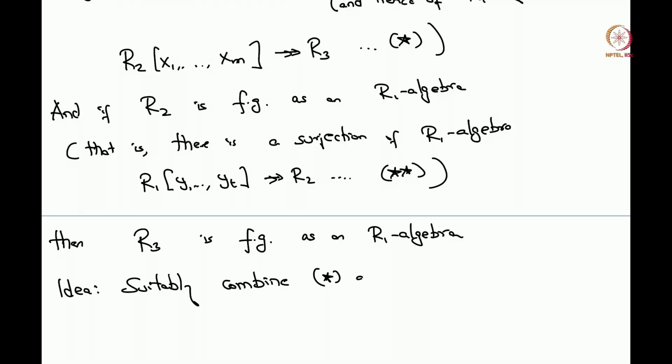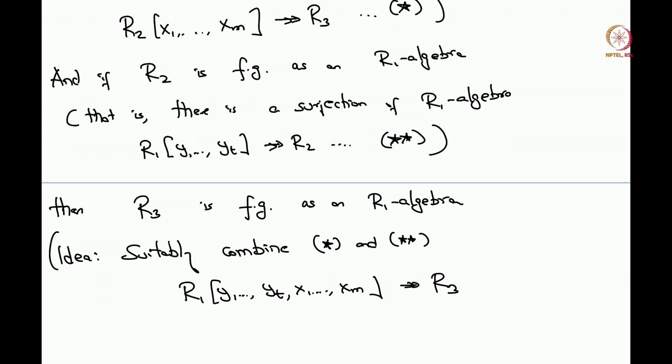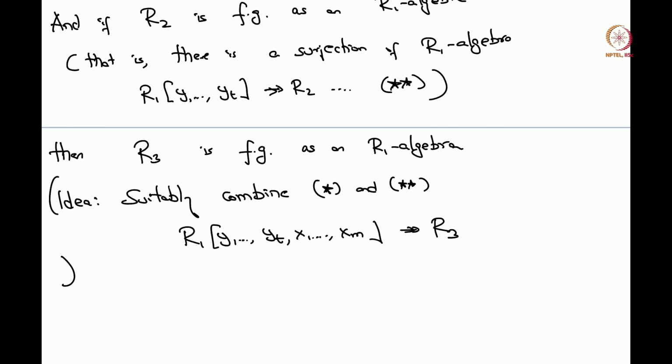And then you end up with a surjection of R1 algebras, using the variables y1 up to yt and x1 up to xm, to get the surjection onto R3.